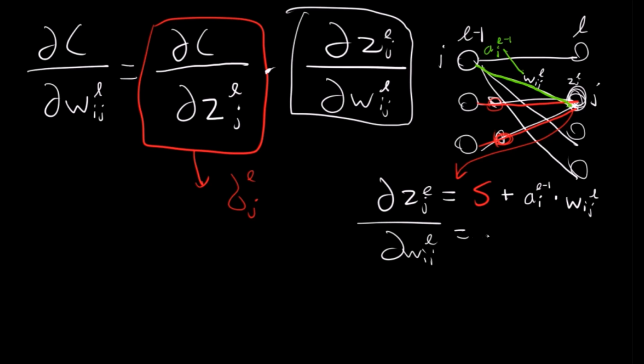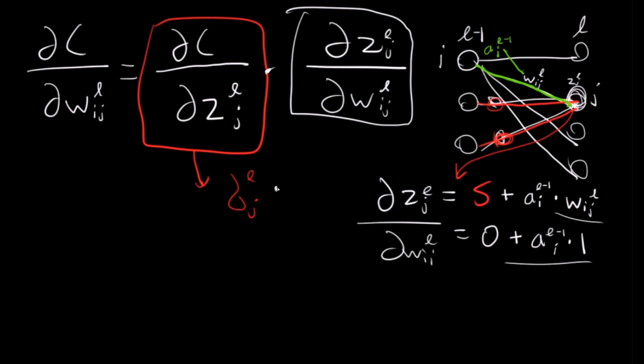It's just 0 plus a^(L-1)_i. This just becomes 1, so times 1 here.